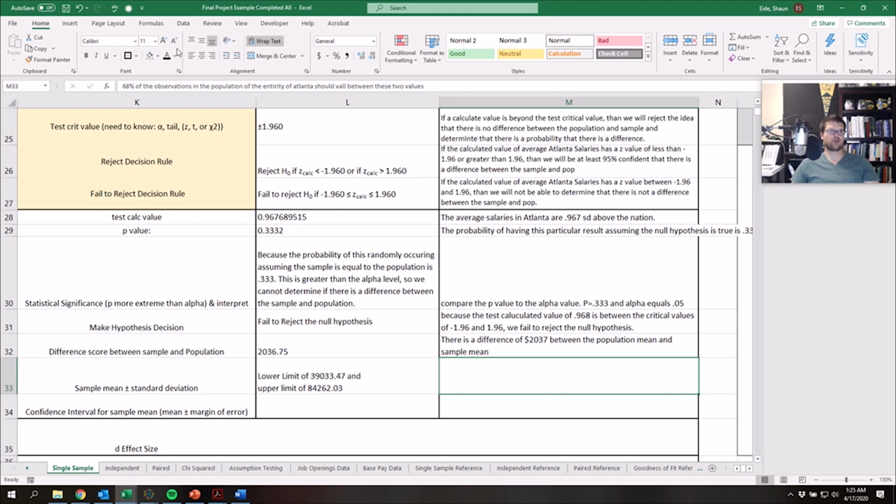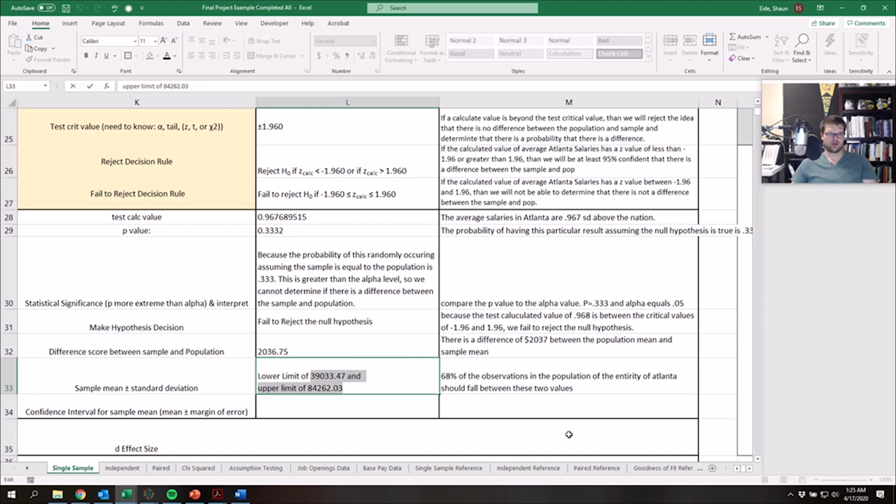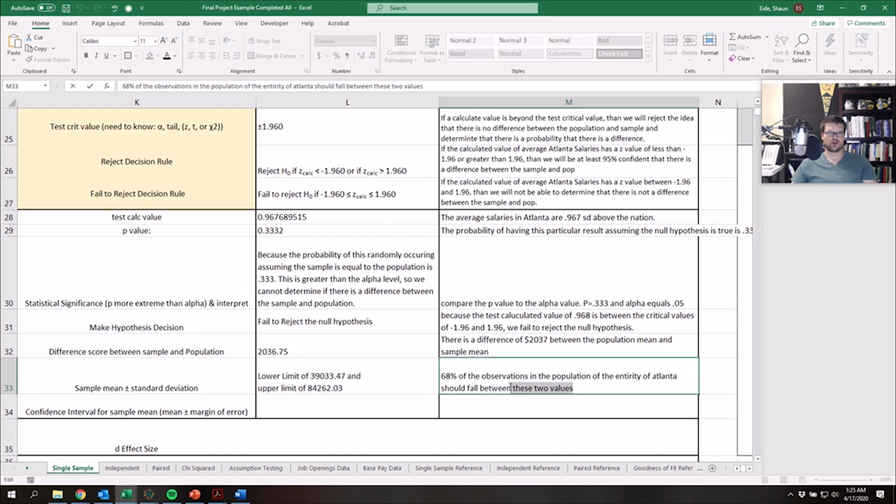Okay, and interpreting that, we're going to say 68% of the observations in the population of the entirety of Atlanta should fall between those two values.